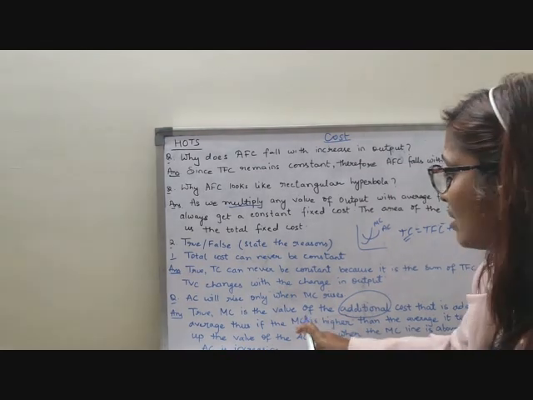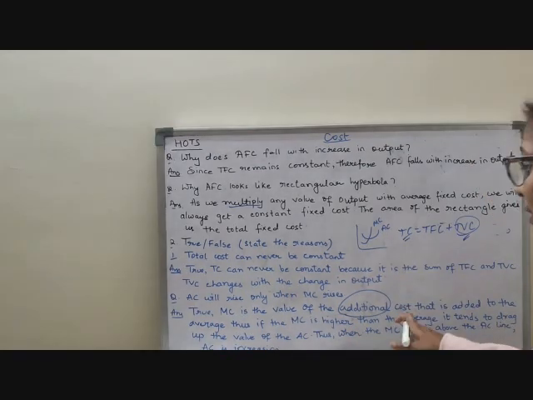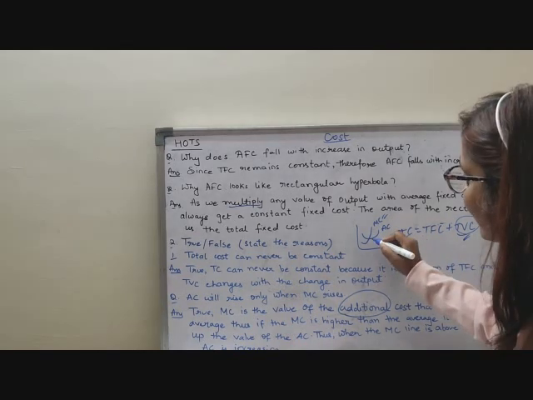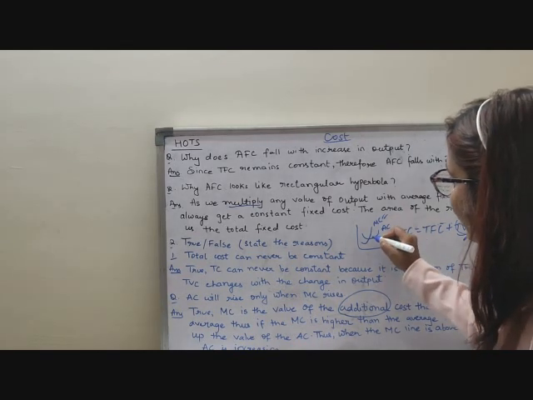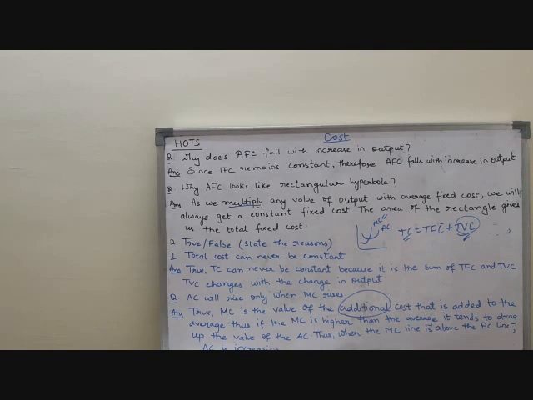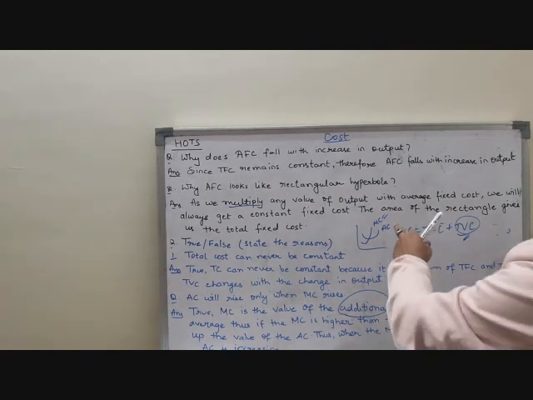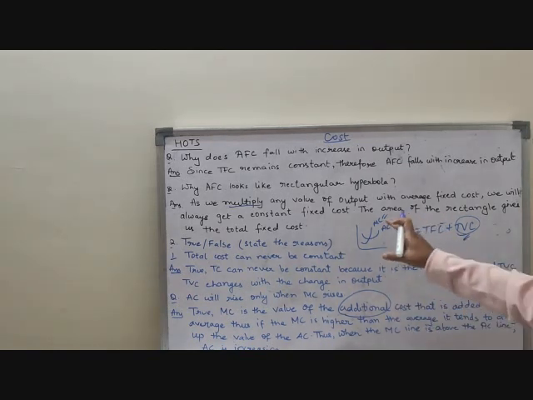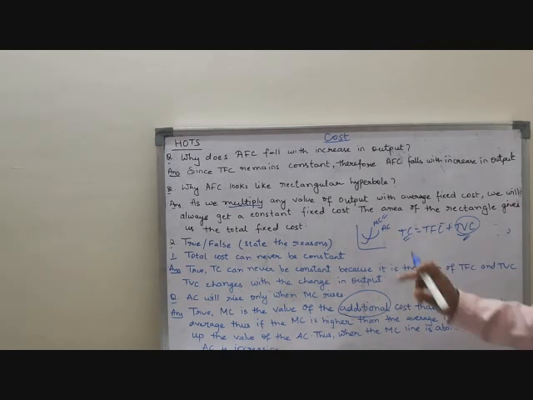Marginal cost is higher than the average cost, which tends to drag up the value of the average cost. So when marginal cost is rising, it tends to drag up the value of the average cost also. So when the marginal cost line is above, the average cost is increasing.